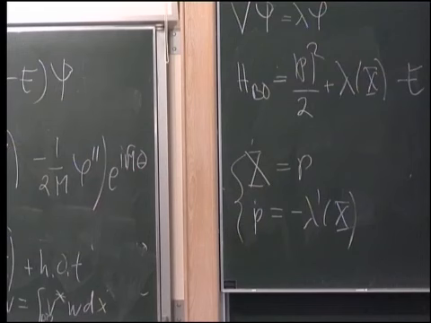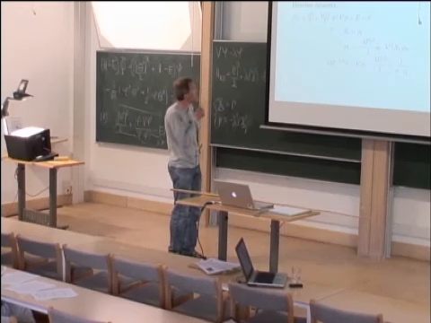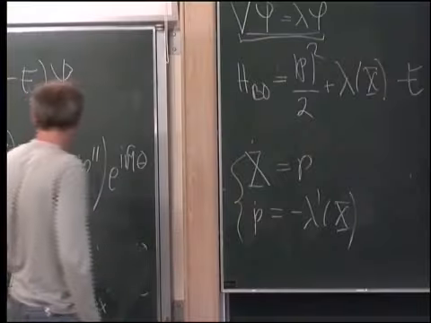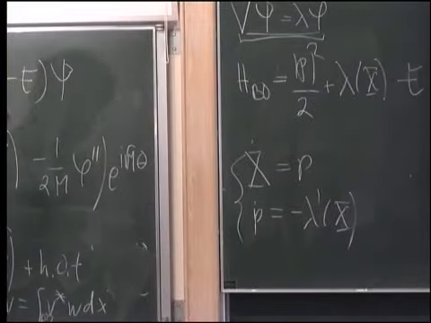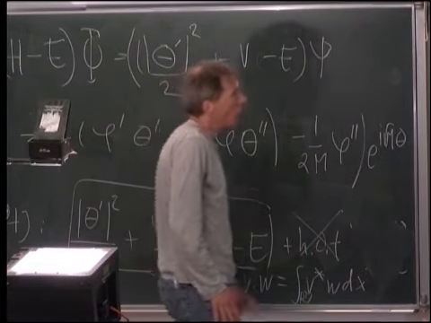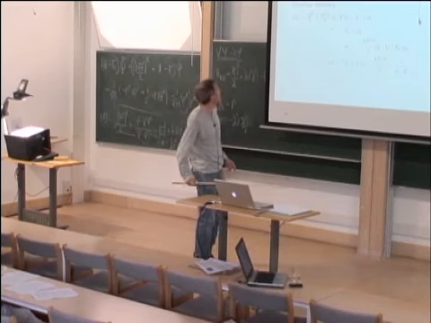Now another approximation is Ehrenfest dynamics, which I write down here. Then I don't assume that we are in an electron eigenfunction state, but I neglect these terms. So a way to write it as a Hamiltonian system is like this.